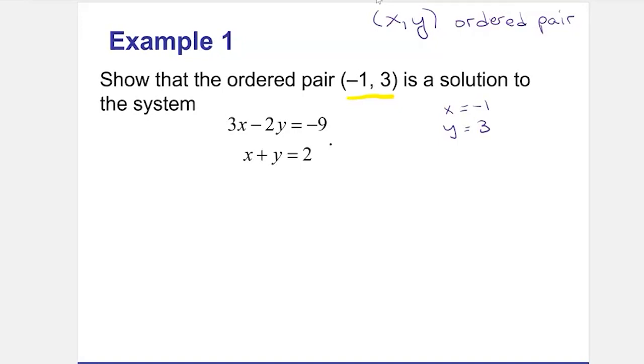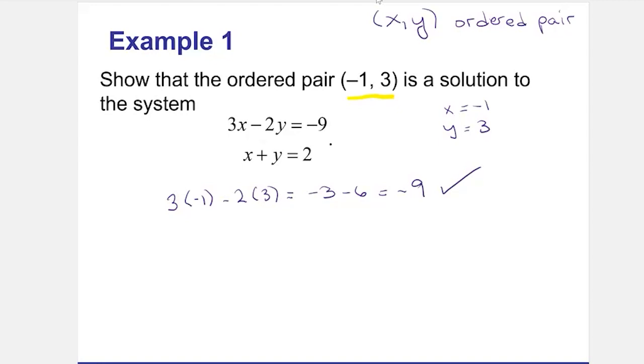So for the first equation, we have 3 times -1 minus 2 times 3 equals, well, let's see what it equals. Instead of saying it's equal to -9, let's see what it equals. So 3 times -1 is -3, minus 2 times 3 is -6, minus 3 minus 6 equals -9.